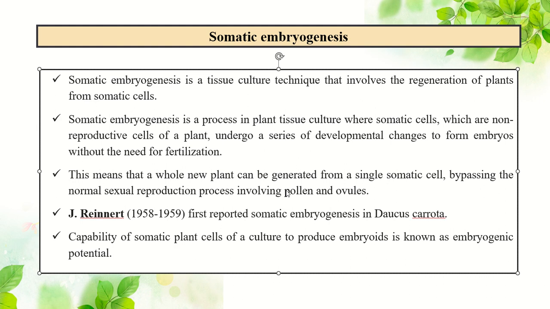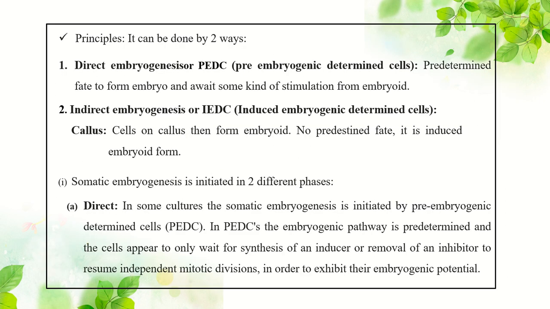The embryogenic potential of a somatic cell of callus tissue or suspension culture is known as somatic embryogenesis. As I said previously, it is the capability of somatic cells in culture to produce embryos. So this is all about the introductory part, or how embryogenesis is possible.